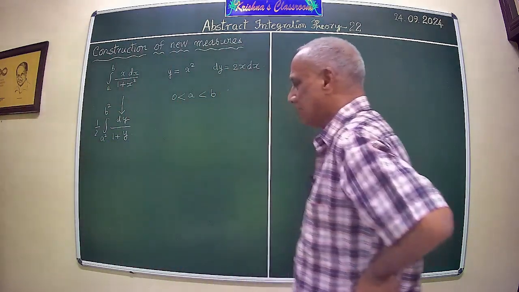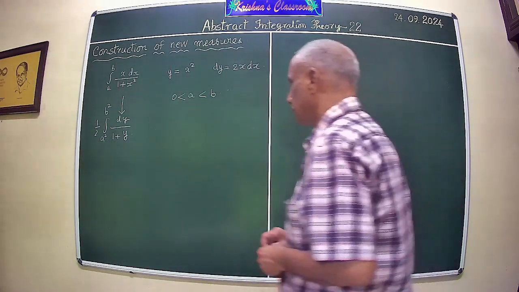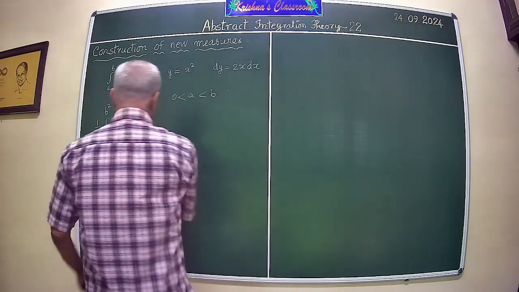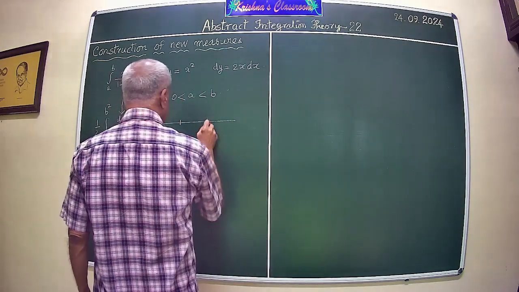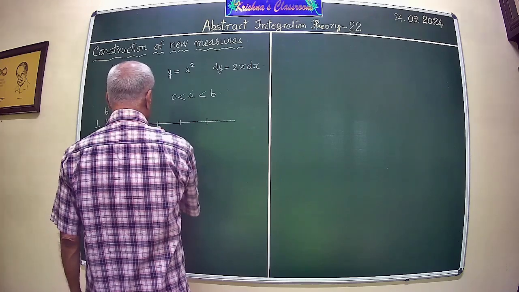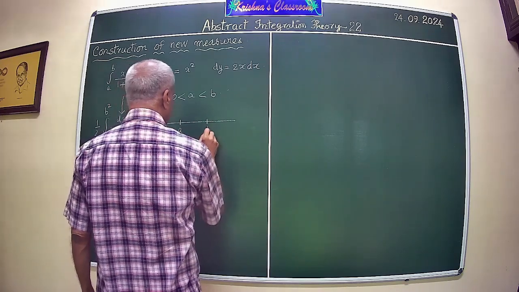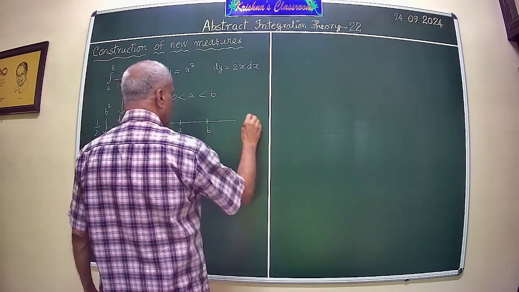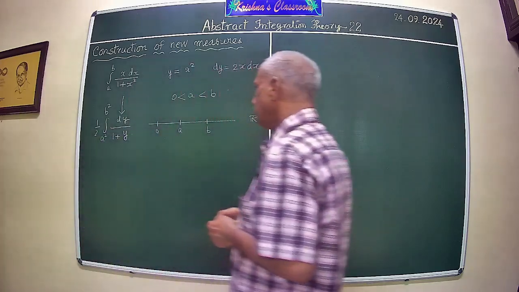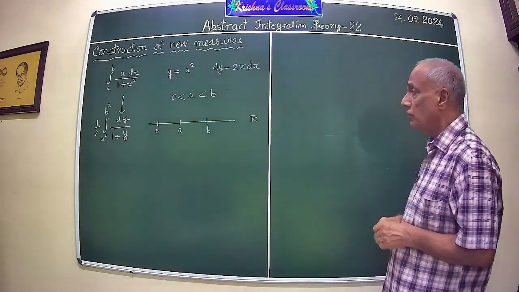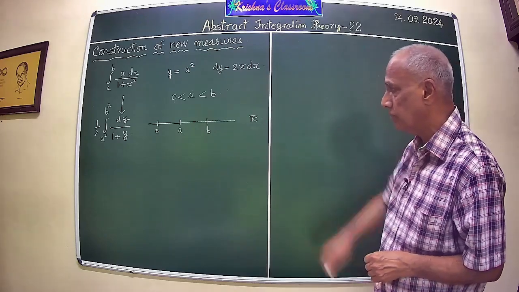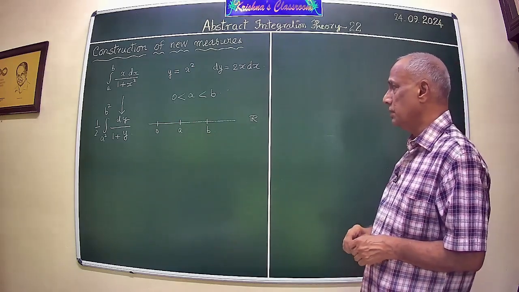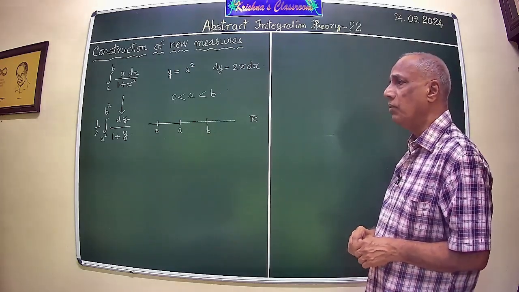But what exactly has happened? See, the original interval over which you want to integrate is from a to b. Now we have used a new transformation, y equal to x square.